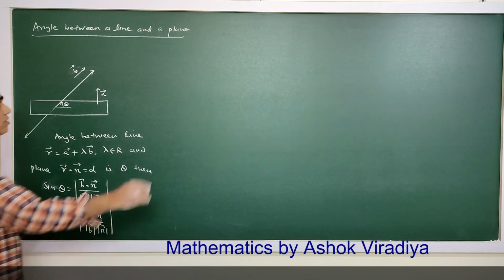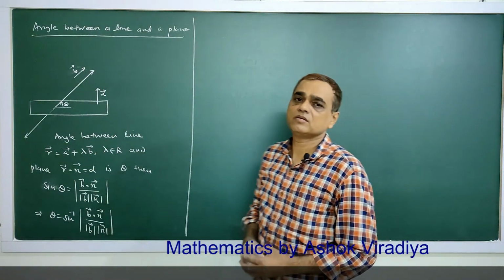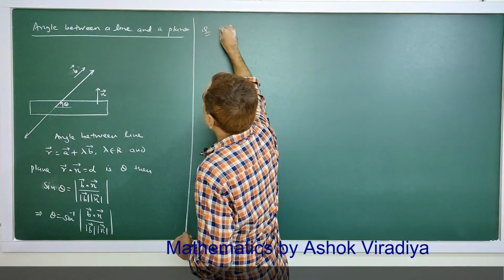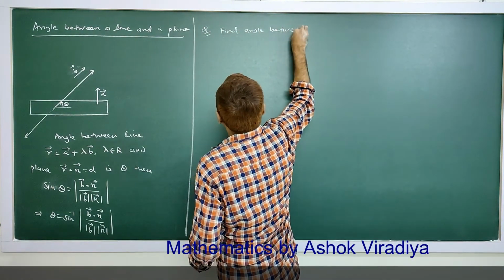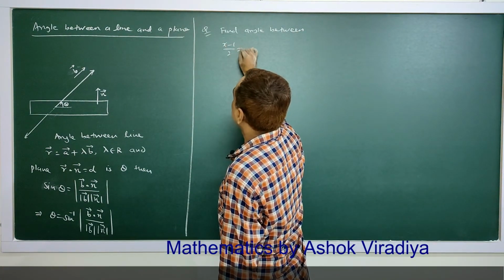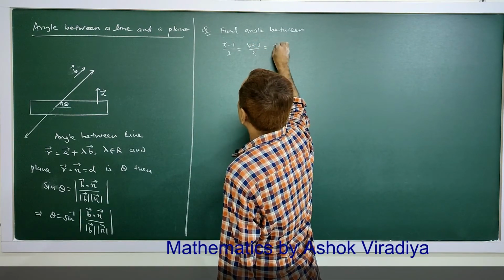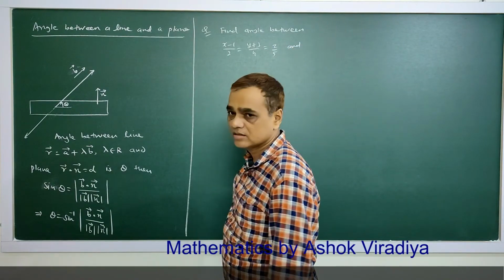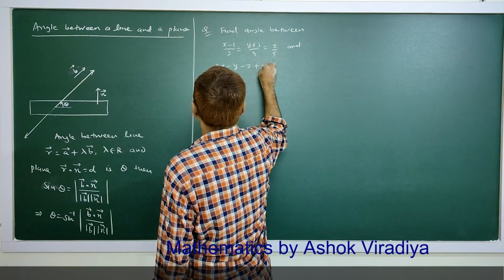So now question on this formula. Say suppose question is find angle between equation of line, I am putting (x minus 1) by 2, (y plus 3) by 4 equal to z by 5, and equation of plane is suppose 2x minus y minus z plus 8 equal to 0.